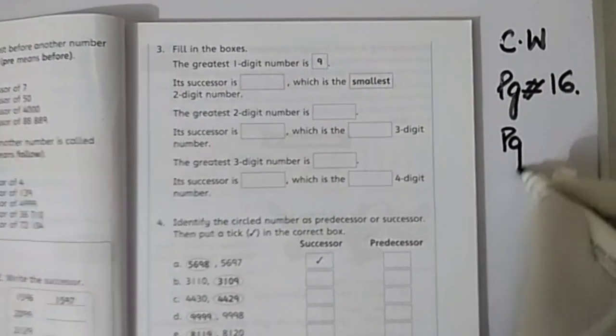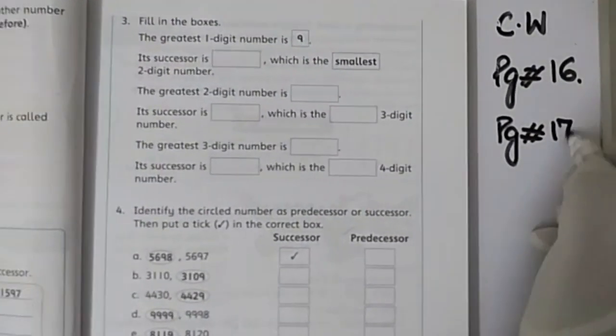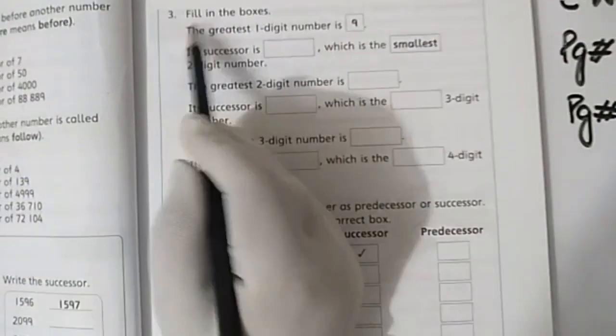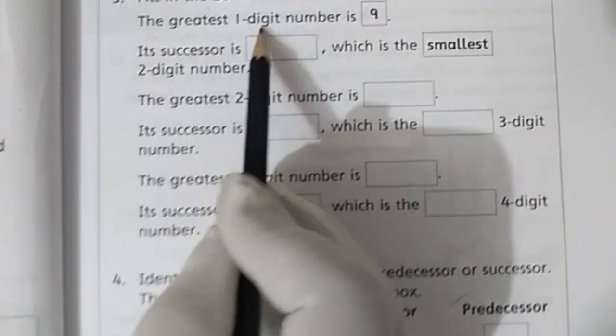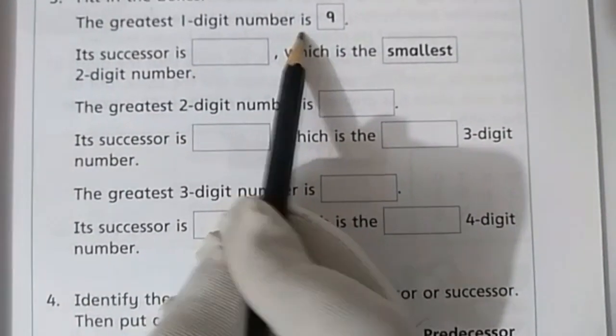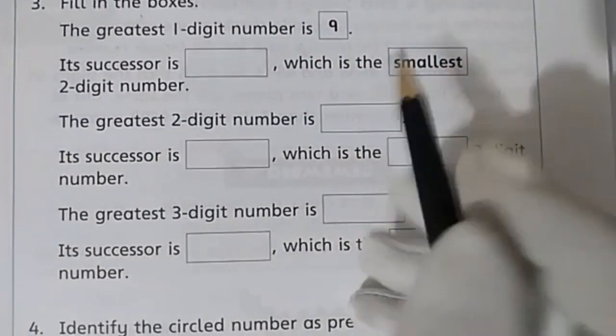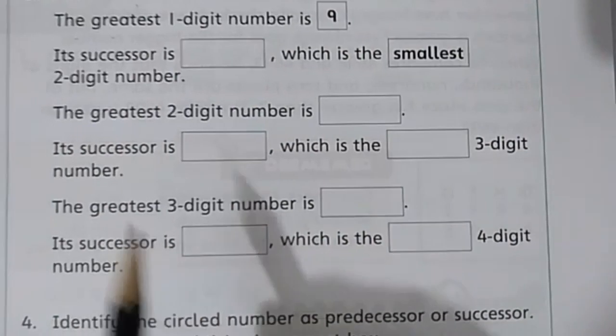Now, page number 17. Question number 3. Fill in the boxes. The greatest one-digit number is 9, because after 9, we get 10, which is a two-digit number.